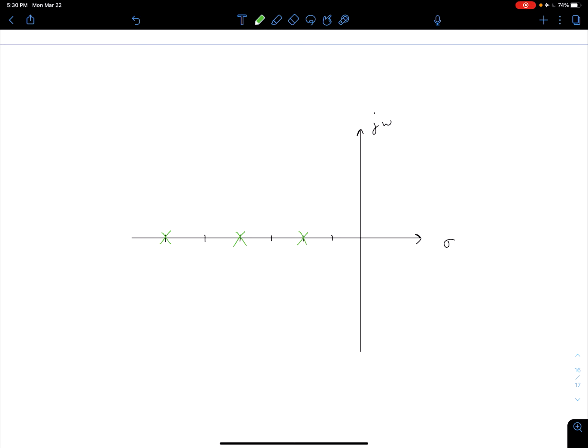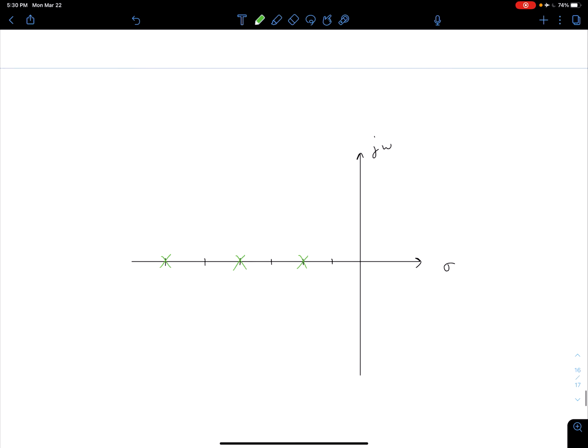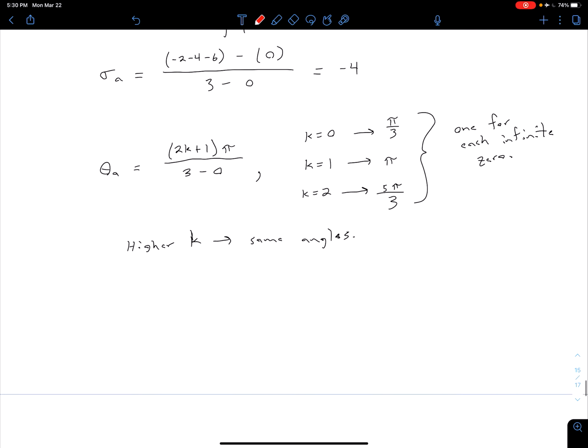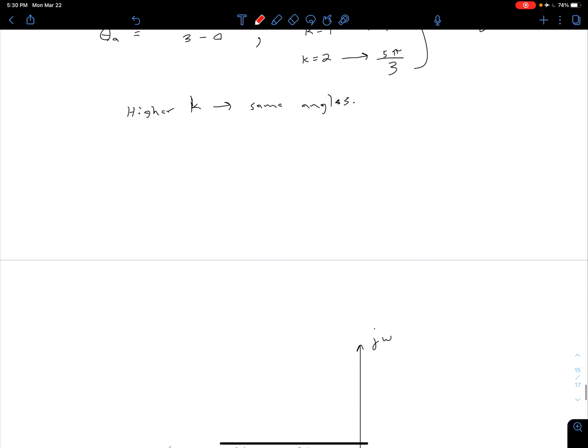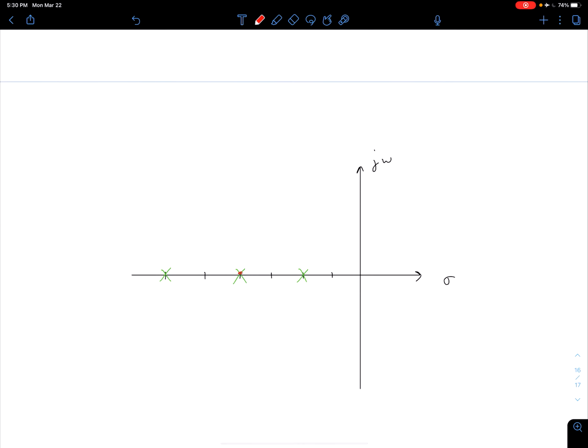Our 3 infinite zeros means we're going to have our 3 asymptotes as well, so let's add those in red. The point where those asymptotes intersect the real axis is at -4, so we can come here to -4. Let's make that a little bit smaller.